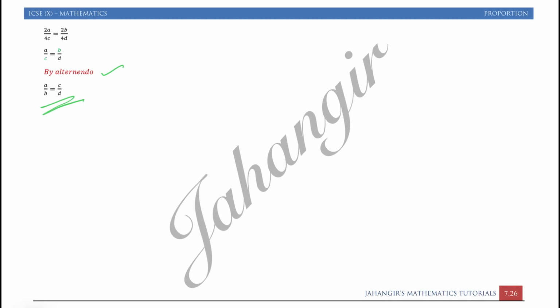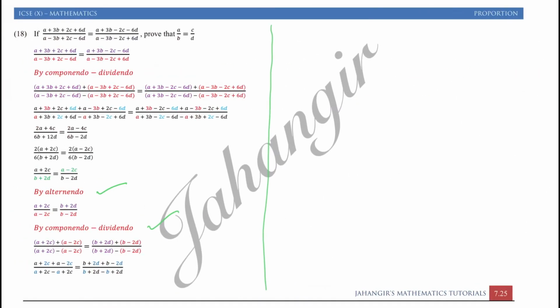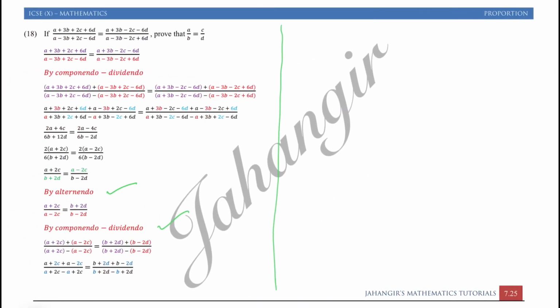So if you take care of the signs now, then this is very simple and you have to just understand the logic. Okay, while doing componendo dividendo, terms should be same. See here if you notice, what we have, a plus 2c and a minus 2c, but before doing alternando we had ac term, and in the denominator we have bd term. So we have to change this pattern. See, I had given it with a green color.